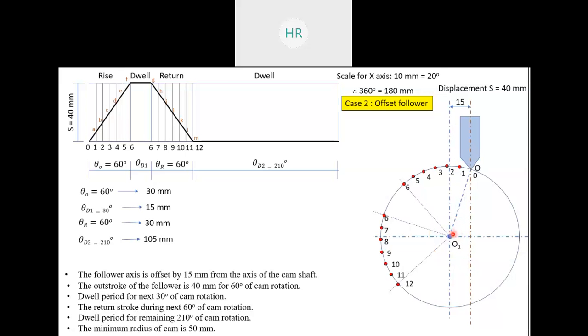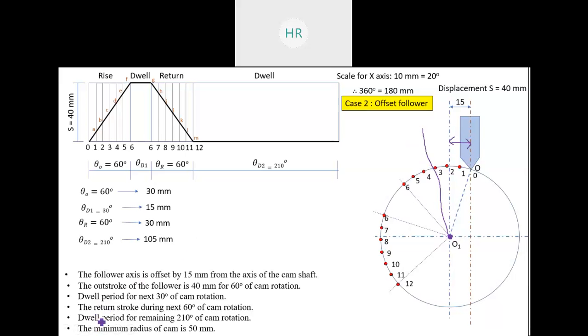What were we doing in the first case? Whatever lines came out from points 1, 2, 3, 4, 5, we connected them with the center, because our follower axis was passing through the center. But here our follower axis is at a distance of 15 mm. It is not passing through the center, so we cannot draw lines from these points passing to the center.